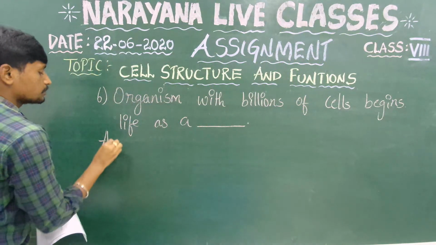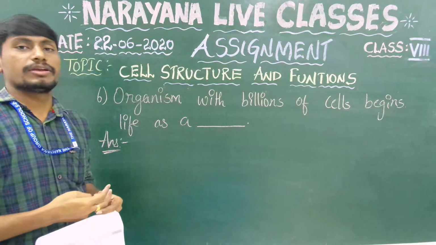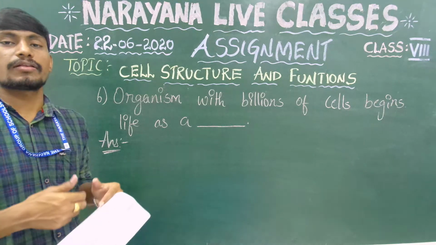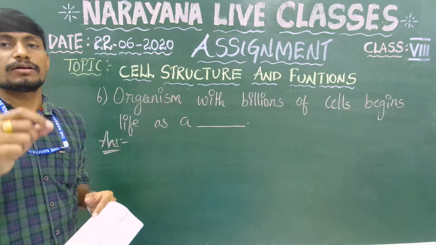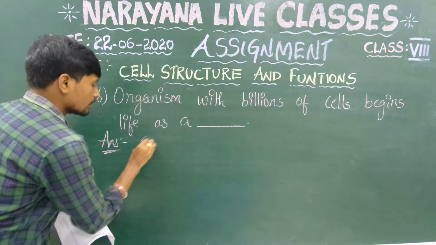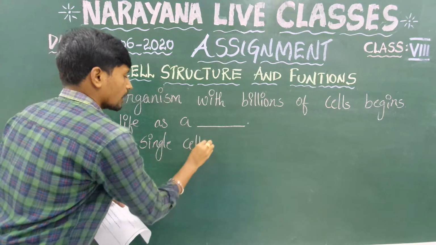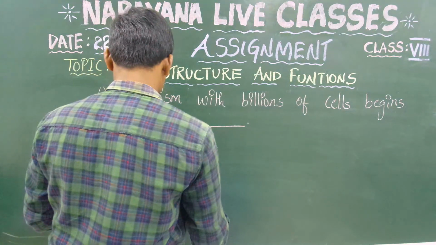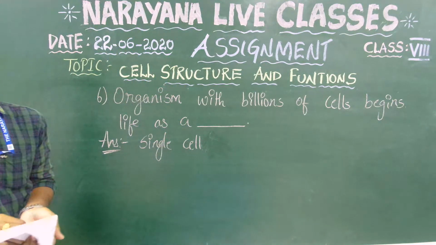The answer is, as I said in the first question itself, whether an organism has 1,000 cells, 10,000, a million, a billion or a trillion cells, when they are forming, they have a single cell. They are of a single cell at their starting stage. Single cell. Okay.